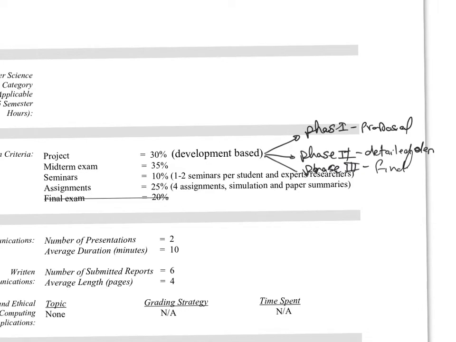For each paper, you need to talk about the motivation, the contribution, the solution, and the results. That's it. So you need to be brief in how you talk about each paper.